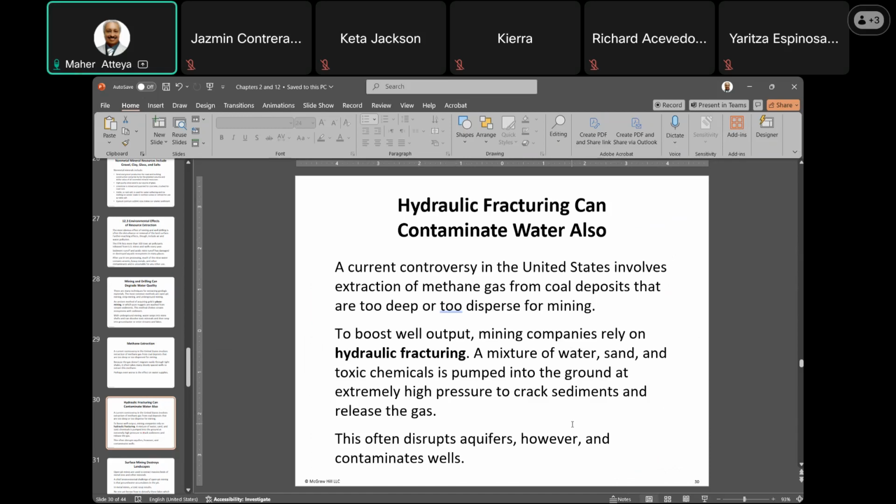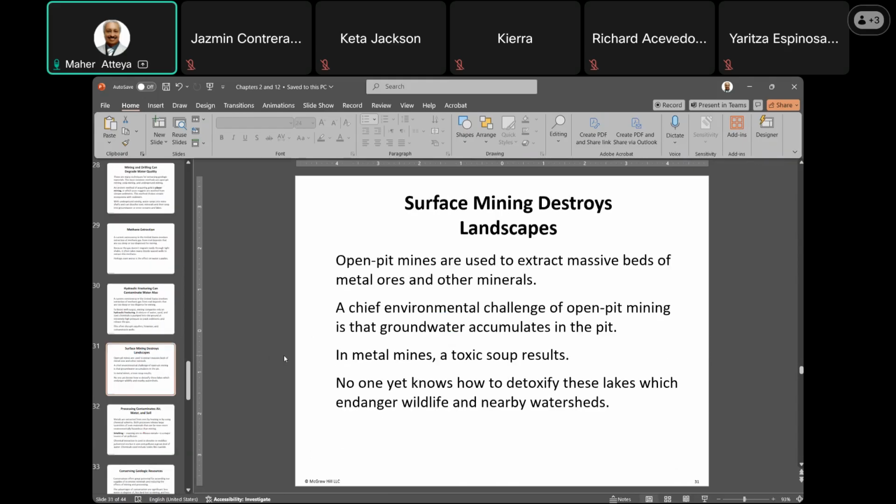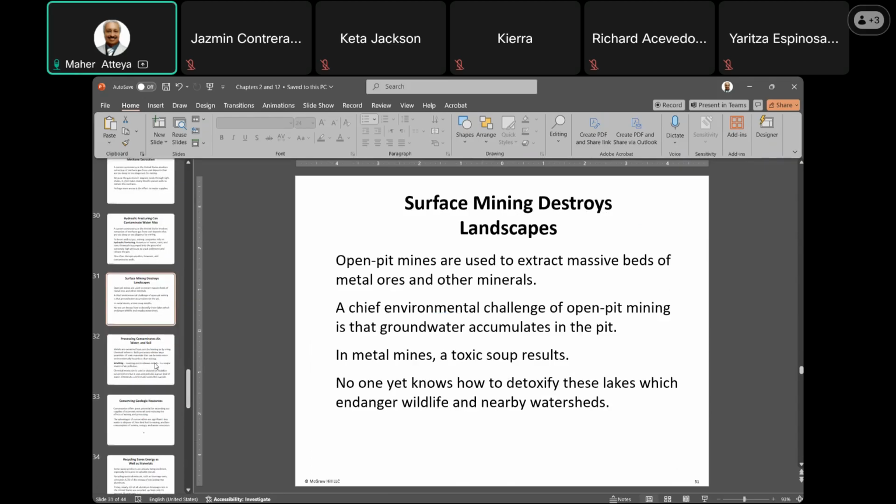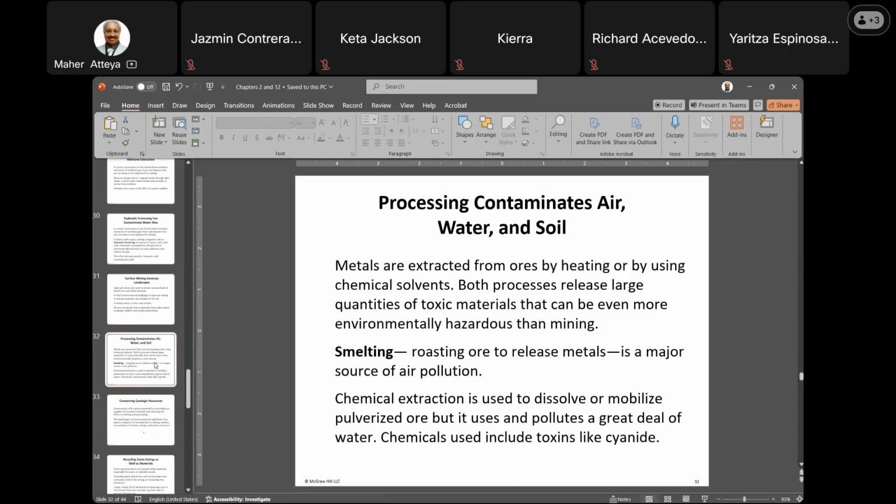And gas can seep or can go through the water reservoir. Surface mining destroys landscapes. That's what we have discussed, seeping all those chemicals through the water reservoir.